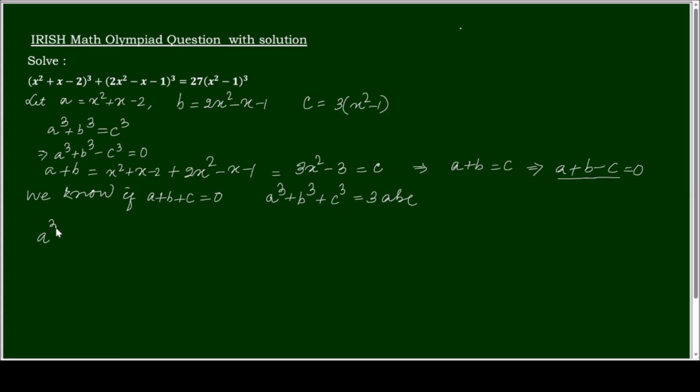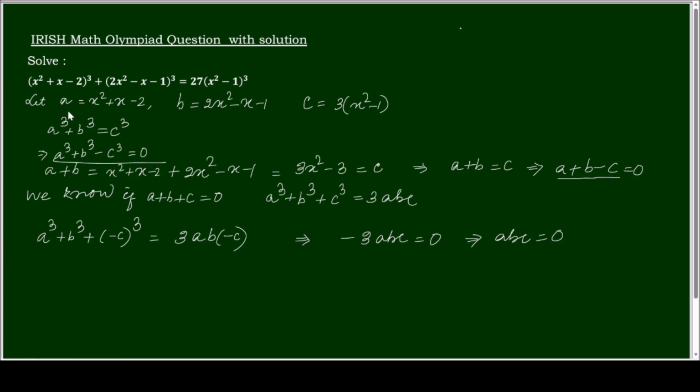So a cube plus b cube plus negative c whole cube equals 3 times a, b into negative c, and this is equal to 0. That means negative 3abc equals 0, or the abc product is 0.